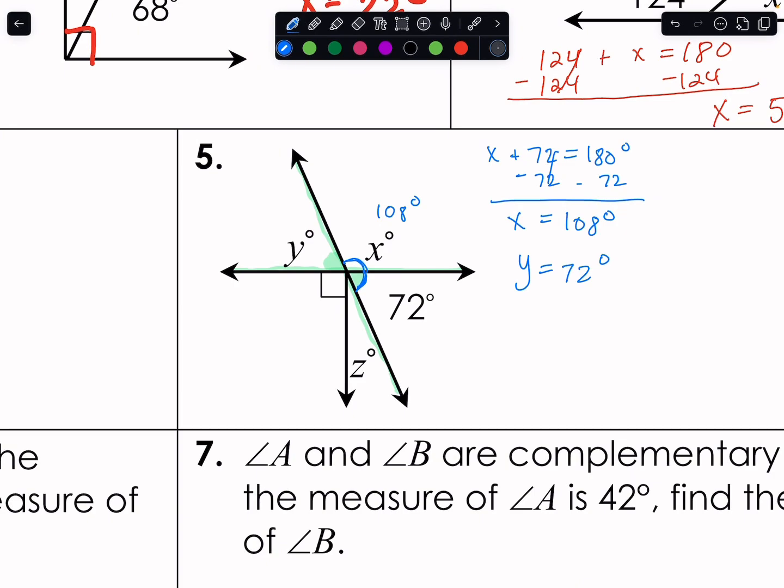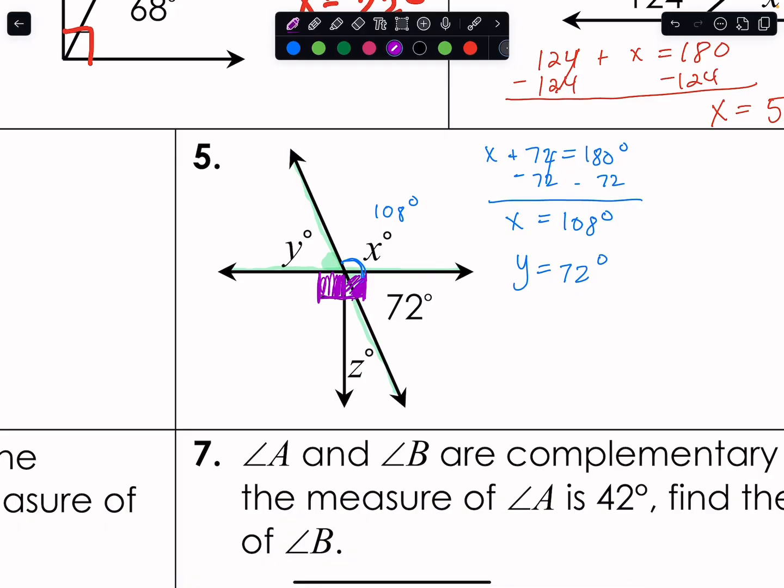And then finally, we have to find what z is. Because right here, all of this makes 180 degrees. If this part over here is 90, that makes this remaining part right here also 90. So in other words, 72 plus this z piece, let's do that, 72 plus z equals 90.